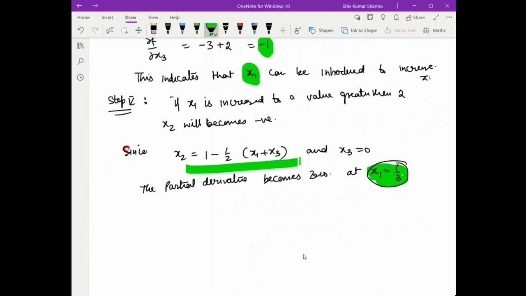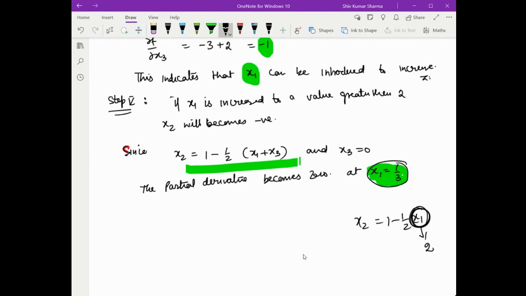One value, what is the maximum value? That means we make an order pair. So the maximum value we write as when we put x3 equal to 0, our remaining equation is in this form, 1 minus 1 by 2 into x1. What value of x1 we put here? We have to check directly.